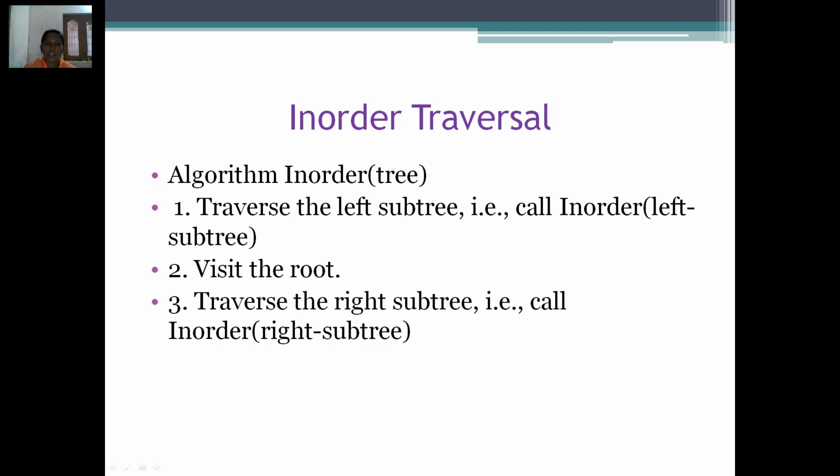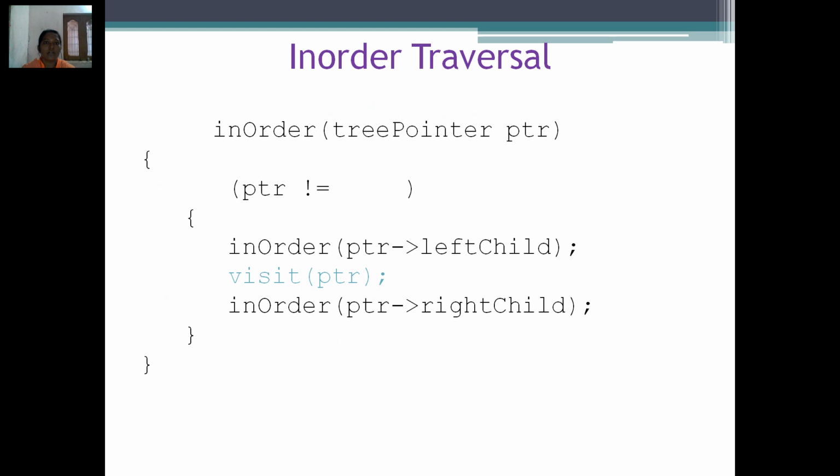In the next slide, we see how to program this in-order traversal using a recursive program. Here, in the in-order traversal, if the pointer PTR doesn't equal null, we have to visit the left child, then visit the root node, then visit the right child.